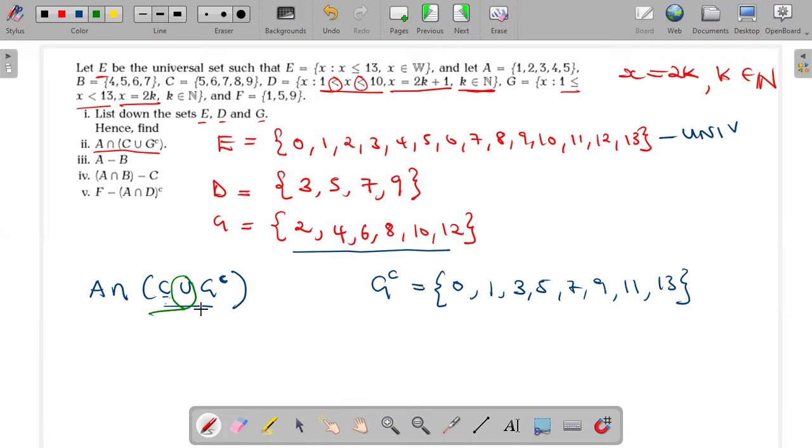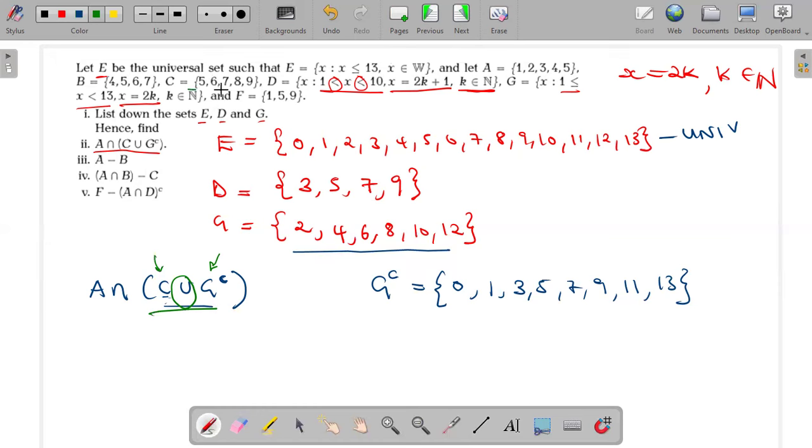So C union G complement means elements that are either in C, or in G complement, or in both of the sets. So in short, you're just combining elements that are in C and in G complement, and bringing them together.